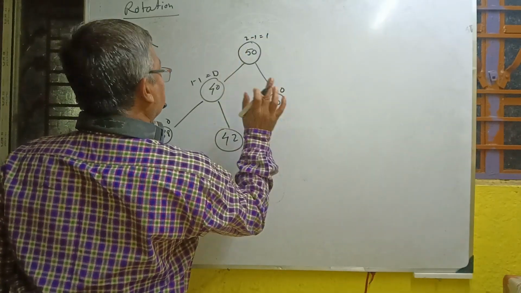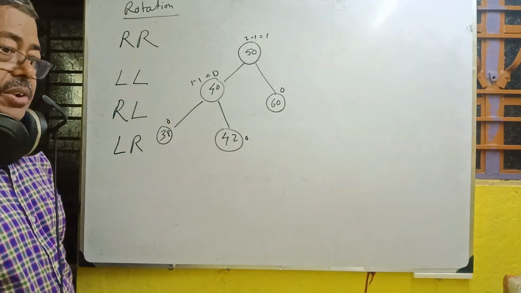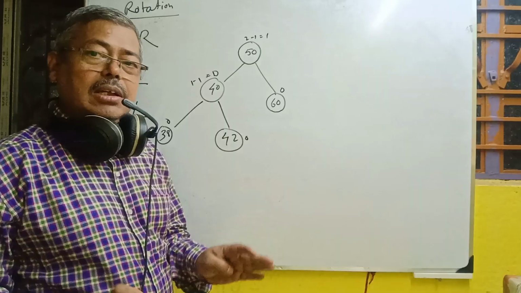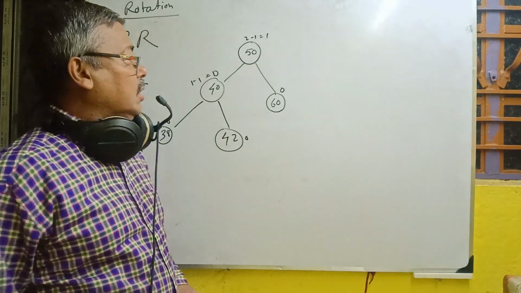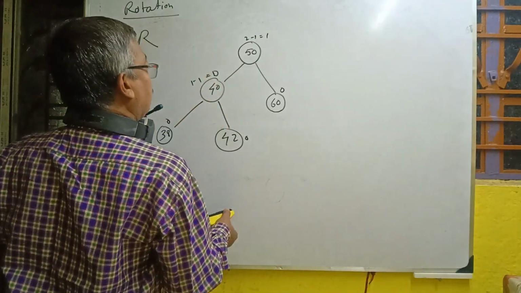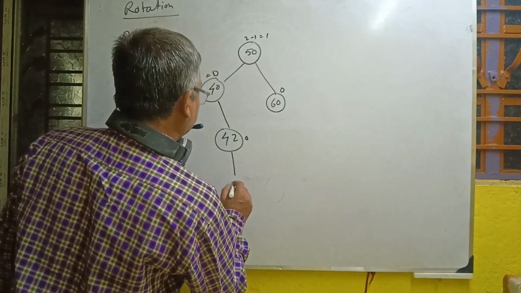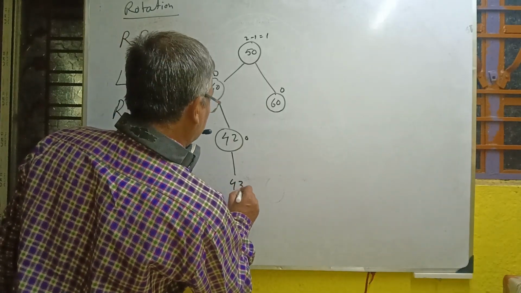Balance factor of 60 is 0. So till now it is exactly an AVL tree. The balance factor is not greater than 2. Now we are adding another node, 43, the right child of 42.